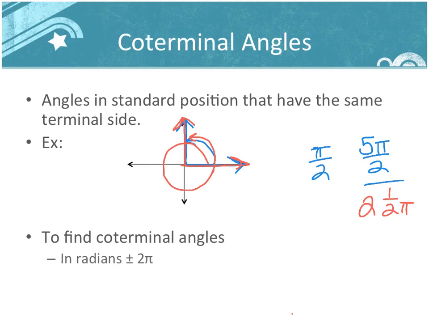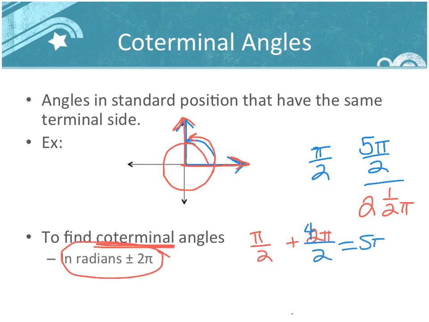If you're given an angle, for example pi over 2, then you can find its coterminal angle by adding or subtracting 2 pi. So if I wanted to find a positive coterminal angle, I could add 2 pi, or 4 pi over 2, and I get 5 pi over 2. If I wanted to find a negative coterminal angle, then I can take pi over 2 and subtract 2 pi from it, or 4 pi over 2, and I get negative 3 pi over 2.